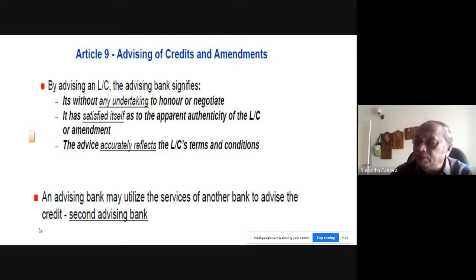So the issuing bank will advise the LC to HSBC Abu Dhabi. But in Abu Dhabi, the customer has an account with National Bank of Abu Dhabi. So HSBC Abu Dhabi will advise the LC to the National Bank of Abu Dhabi. So National Bank of Abu Dhabi will be the second advising bank. Right? Actually, the beneficiary's bank is the second advising bank.